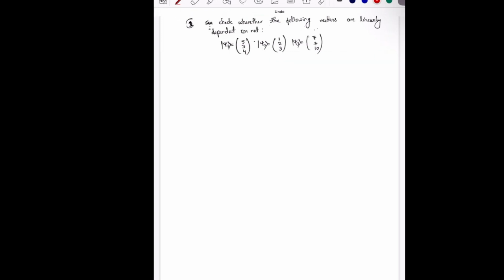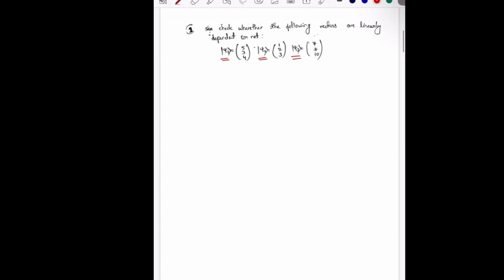These are the vectors psi1, psi2, and psi3. Three vectors are given, and it is asking whether they are linearly dependent or not.